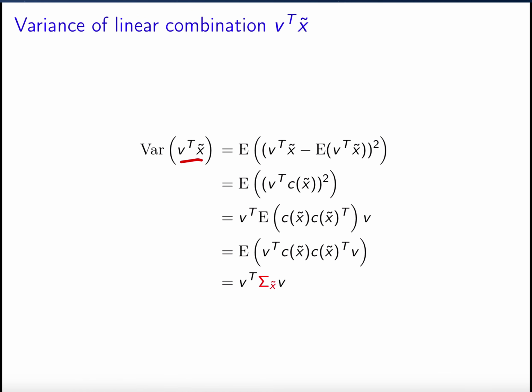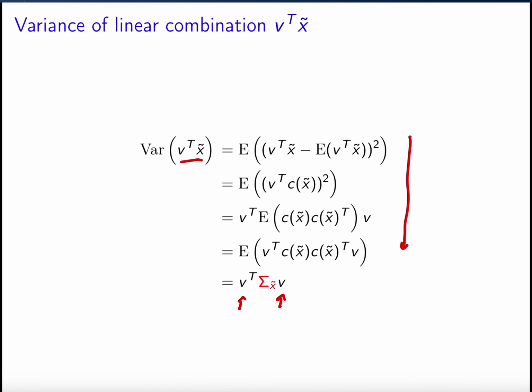This is exactly the same argument as before, and at the end of the day we get that if we want the variance of a linear combination of the random vector that is given by a vector v, then we just need to compute the quadratic form which applies v on the left and right to the covariance matrix, and that automatically gives us the variance of the linear combination.